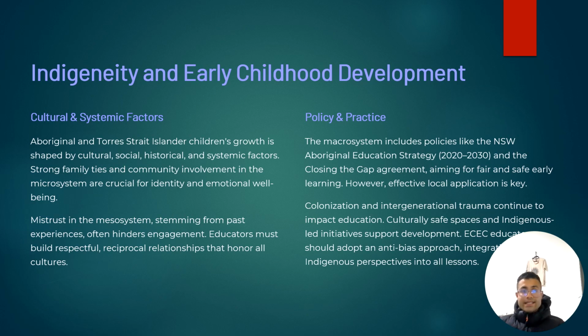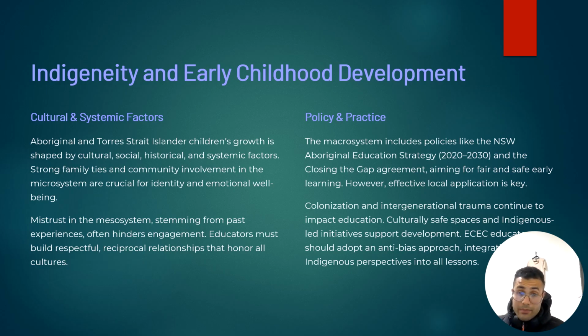The first one is indigeneity and early childhood development. It is divided into two parts: cultural and systemic factors, and policy and practice. In the cultural and systemic factors, children from Aboriginal and Torres Strait Islander backgrounds have strong family ties and community involvement in the microsystem, which are crucial for their identity and emotional well-being.